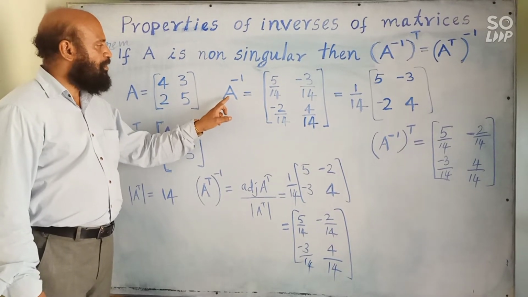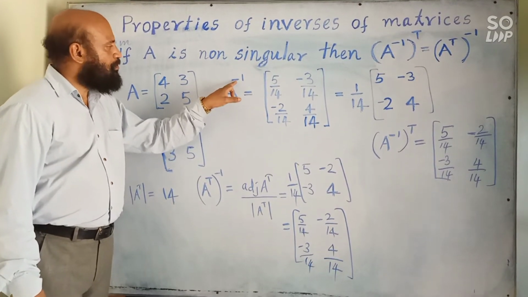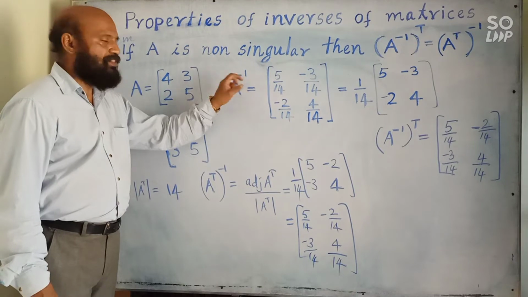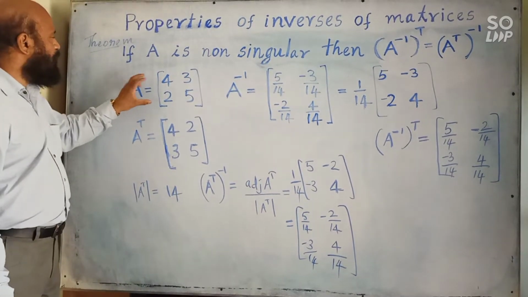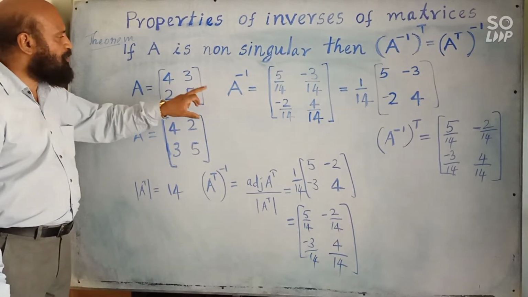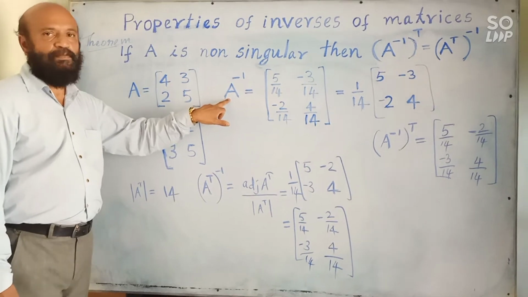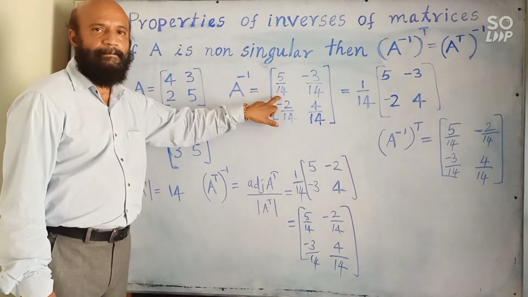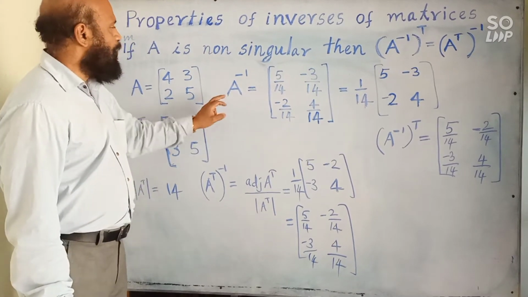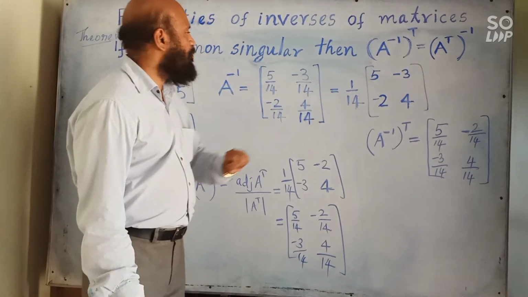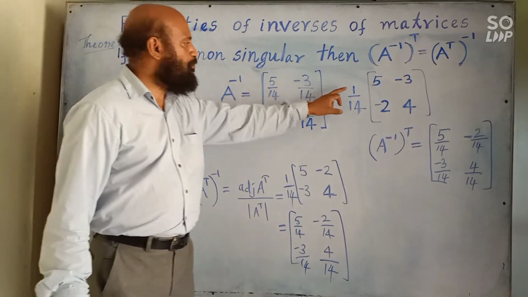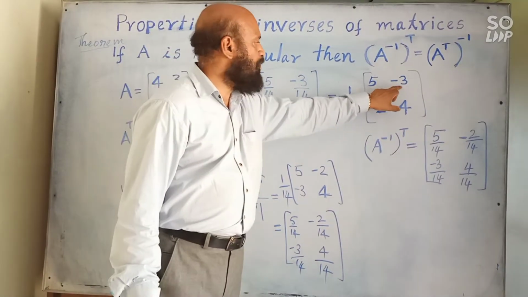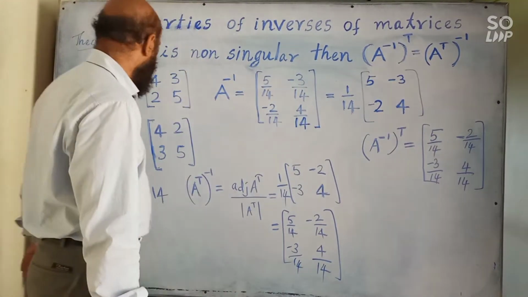This sum, we already found out A inverse. A is a 2 by 2 matrix. Its inverse, in a previous sum I showed this. A inverse is 1 by 14, 5 minus 3 minus 2, 4.